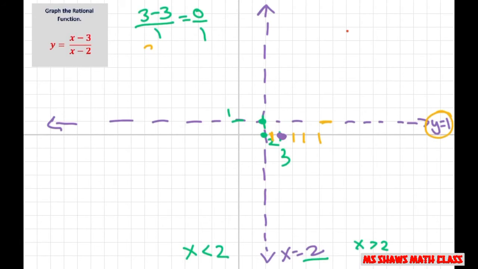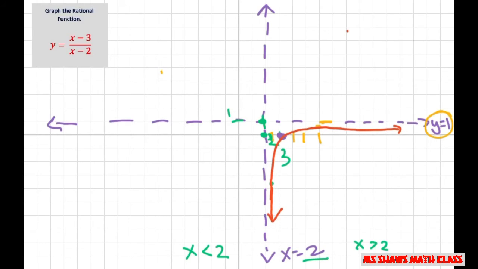If I plug in 6, I'm going to get 3 divided by 4, 3/4. So that gets closer and closer to 1. If you plug a number in between, it's going to get down in here. So the graph looks like this. It doesn't cross there.